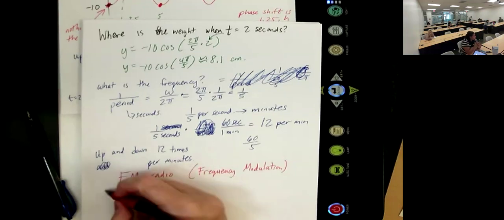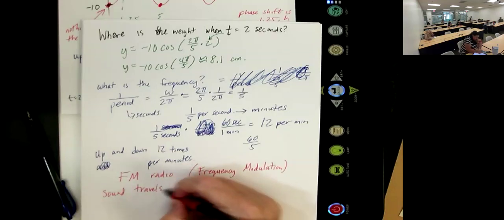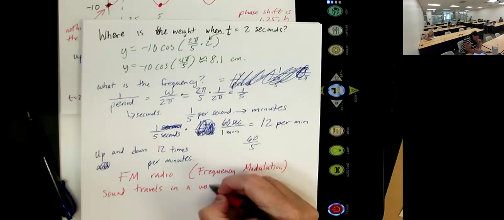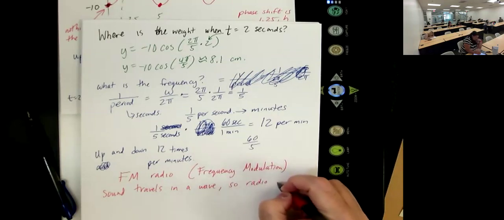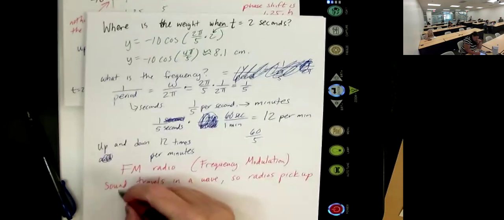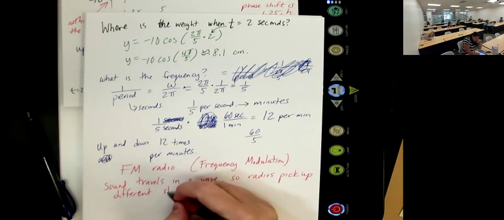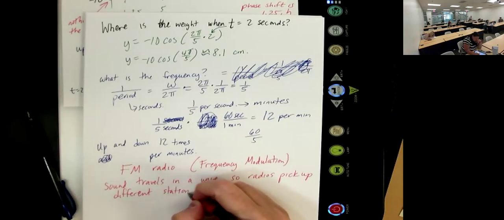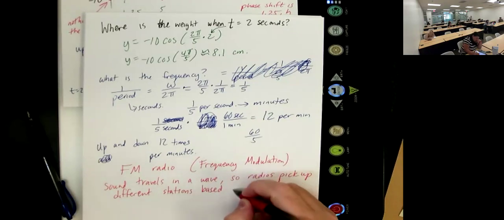Sound travels in a wave. So radios pick up different stations based on the frequency they transmit at.